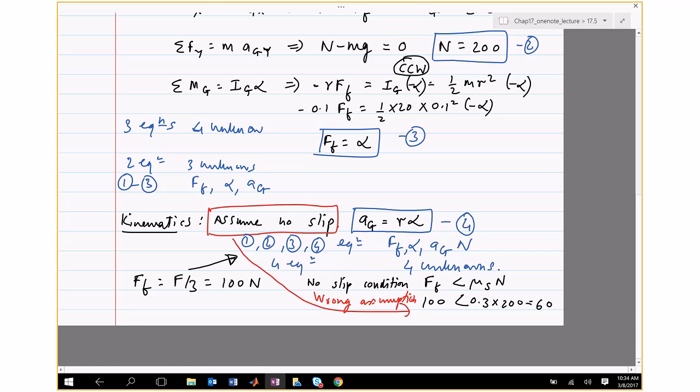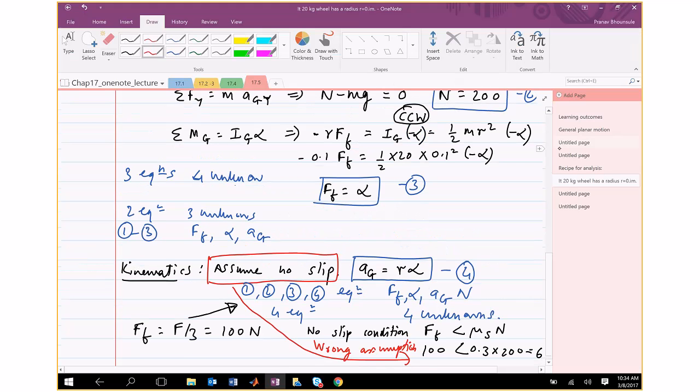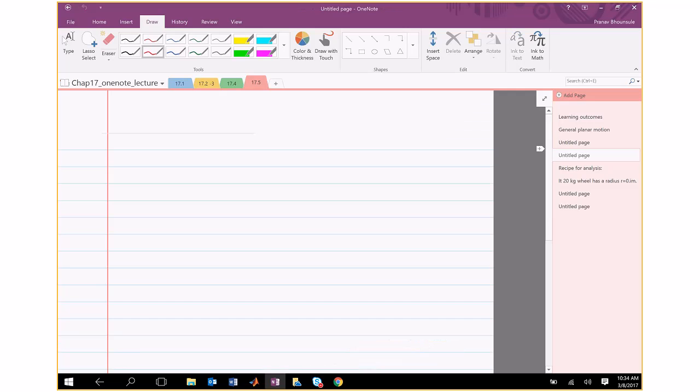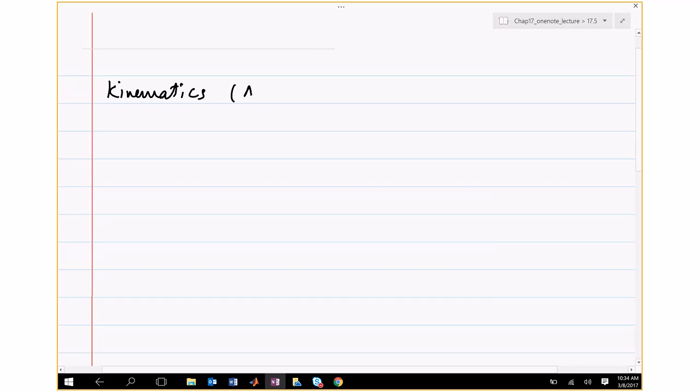So what we have to do now is resolve the problem assuming it's slipping. I'm going to do the kinematics all over again. Assume slipping.